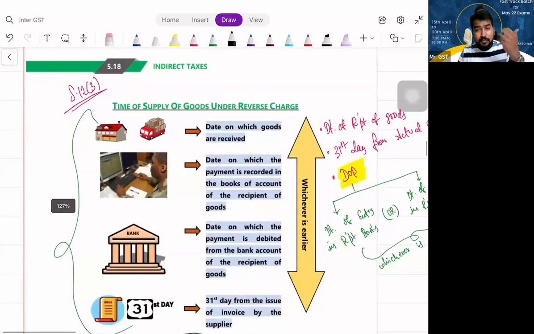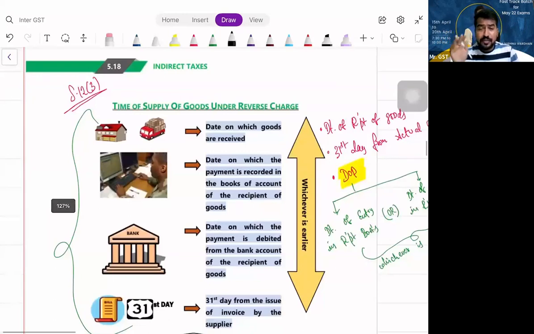They thought you cannot compute the 31st day, so they clearly give that 30 days will lapse on June 3rd. It means the 31st day is June 4th, right? So June 4th is the 31st day.